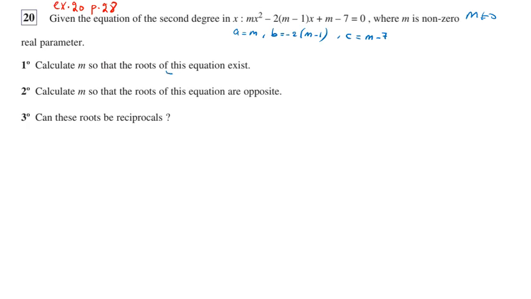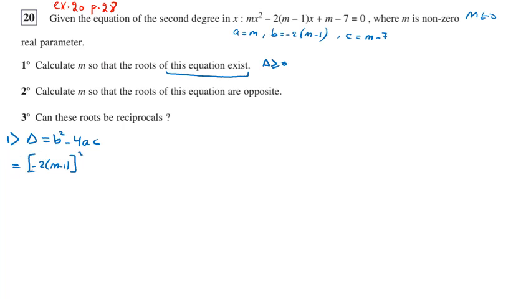When he says the roots exist, then delta should be positive. We should see where is delta positive. So first step, we should calculate delta. Delta will be, the answer will be containing m, of course. b squared minus 4ac equal b, which is minus 2 times m minus 1 squared.